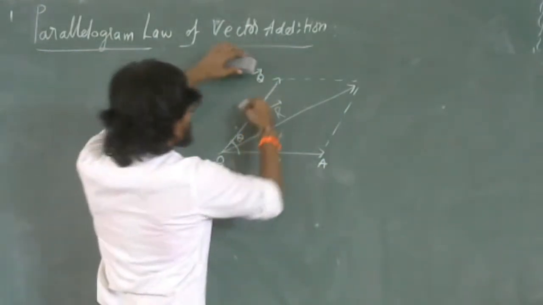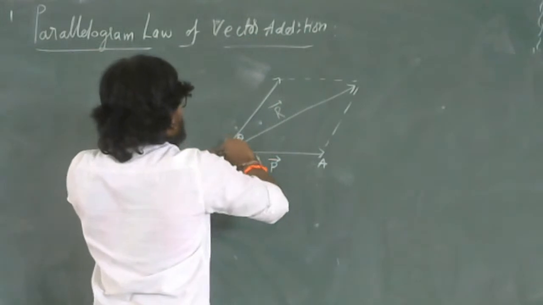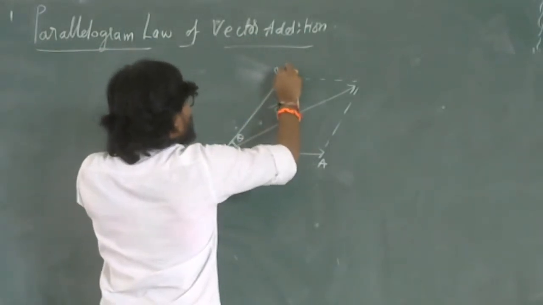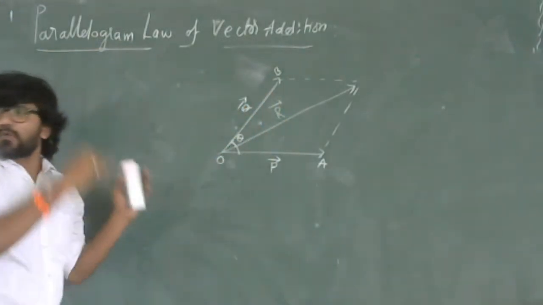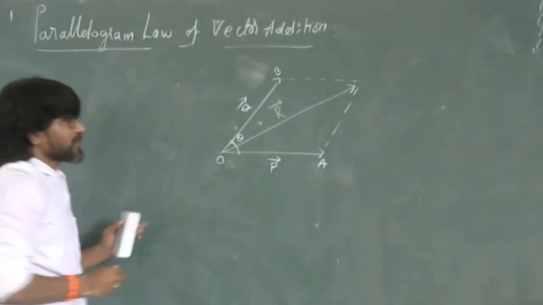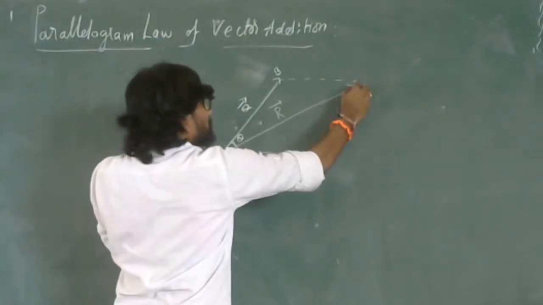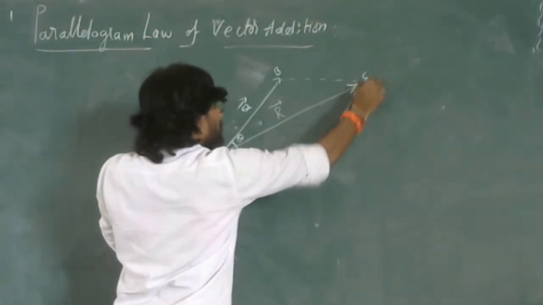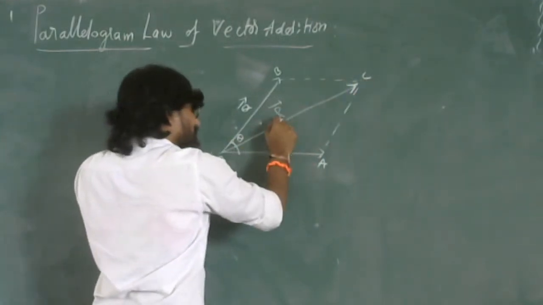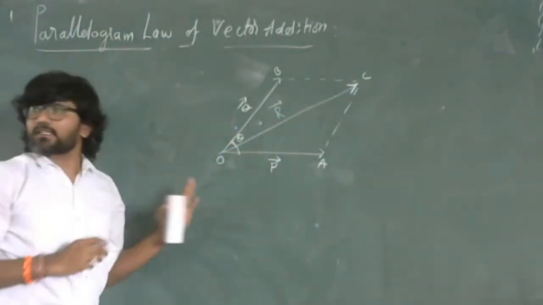Let us take this point B, so OB represents Q vector. Then the diagonal point is represented as C, so OC is represented by the resultant vector R.